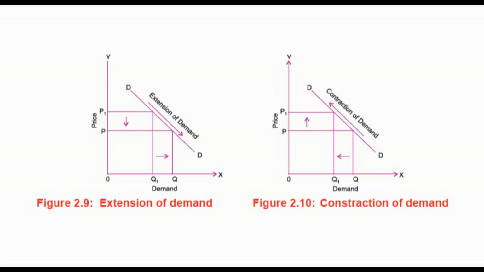This occurs when there is a decrease in the price of the commodity, as you can see from the slide. Whenever there is a decrease in the price, quantity demand will increase or expand. That creates a downward movement, extension of demand, change in quantity demand. Quantity demand will increase due to a decrease in the price of the commodity.